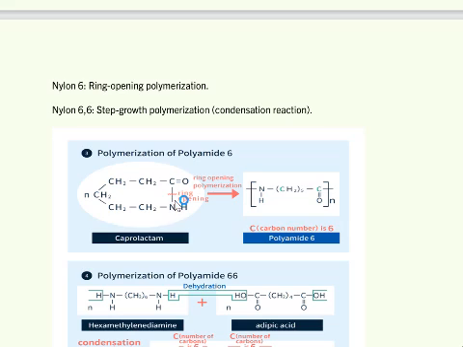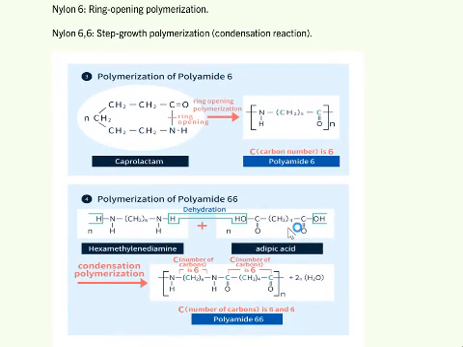As we can see, the ring is being broken down from here. The carboxylic group and the amino group are being broken, and the polyamide 6 is formed.